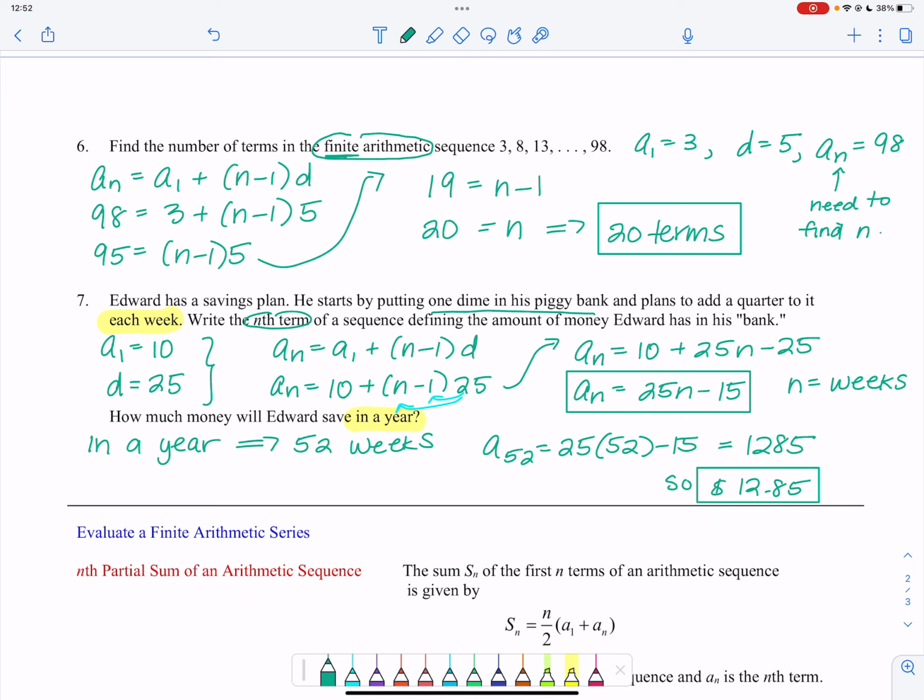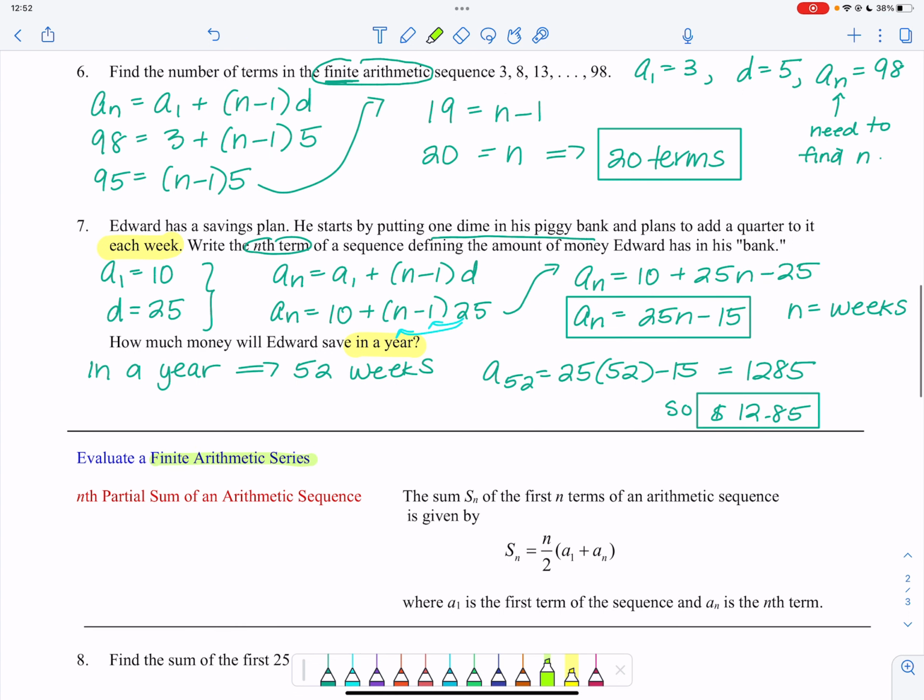Okay, now let's take a look at a finite arithmetic series. We'll also be looking at the nth partial sum, so we'll be finding partial sums.